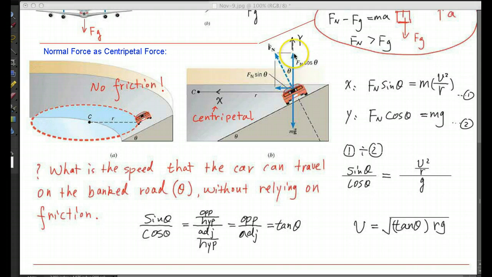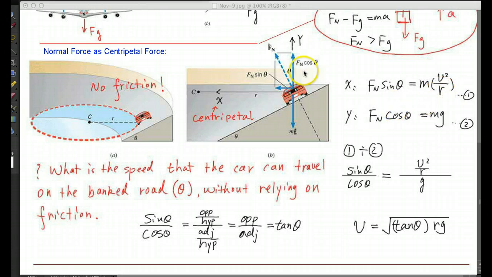Now if you look at the x direction, there's only one force, which is a component of the normal force. That's the net centripetal force, so it should equal mass times the centripetal acceleration, using the formula v squared over r.